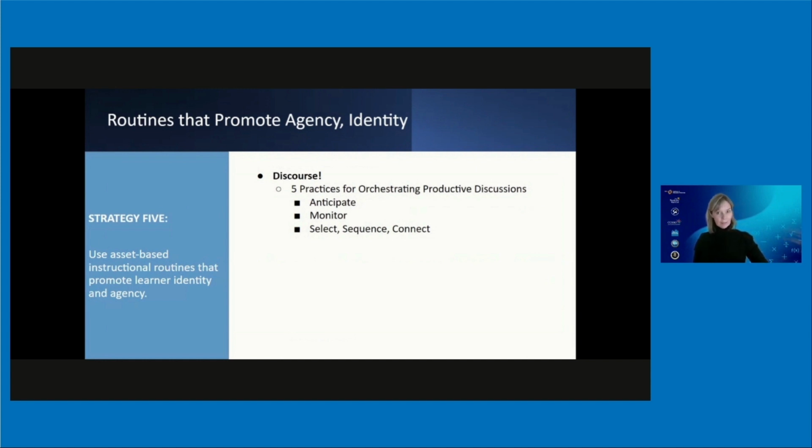Not listening to them so that I can correct their ideas, but listening to them so that I can amplify their voice and share their ideas. And then we also mentioned selecting, sequencing, and connecting, really having opportunities for students to be able to connect to one another's ideas and to build that network, or the web of ideas in mathematics, if you will.